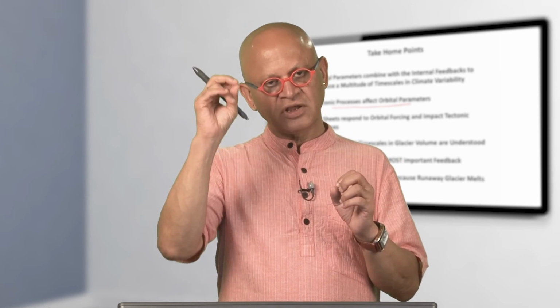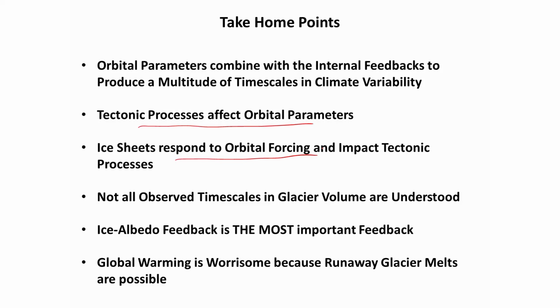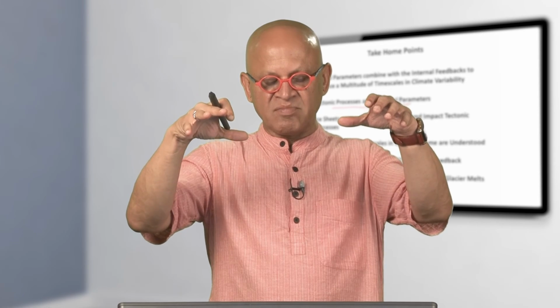The precession cycle and the obliquity cycle have changed over the evolution of the Earth, and ice sheets respond to orbital forcing and tectonic processes. It is very clear in all the geochemical evidences. So, as glacier builds, plates themselves move, and glacier melts, plates rebound. Those are the tectonic processes. Plus, when you move continents from higher latitudes to lower latitudes, glacier dynamics changes.